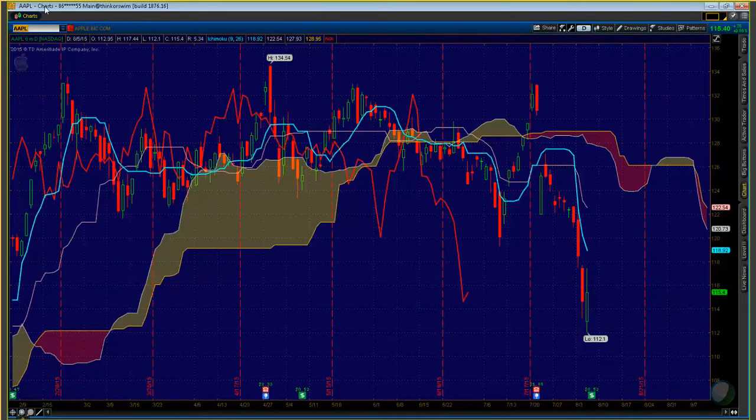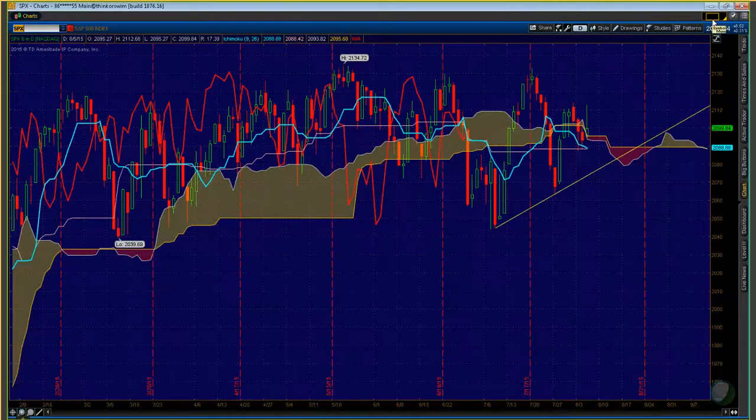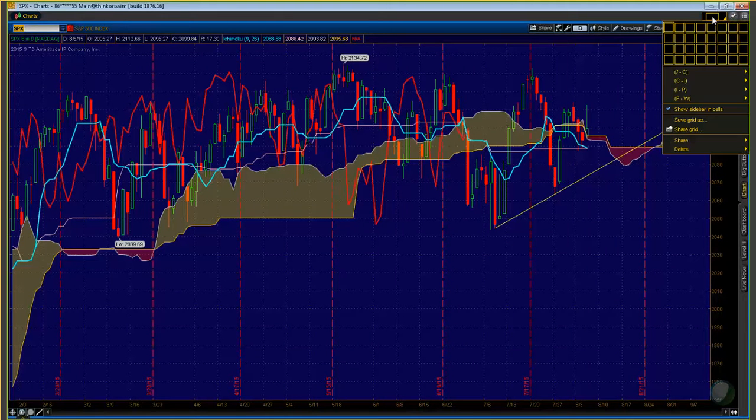Another thing you can do, and I will pull this back up to SPX. And I'm going to show you another trick that's kind of interesting. I'm going to go to another grid.